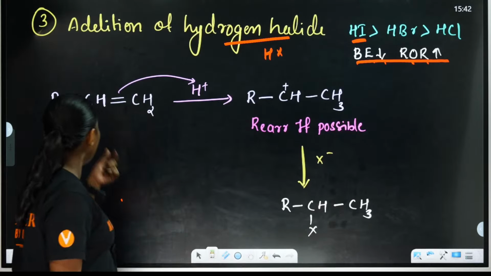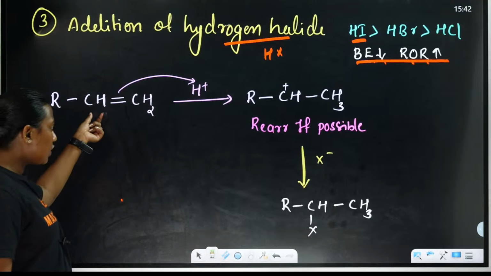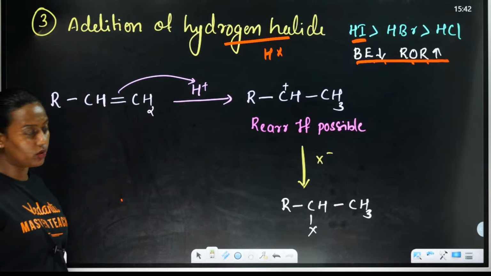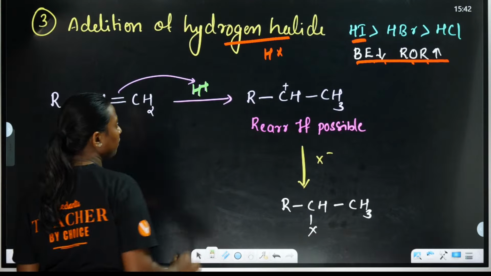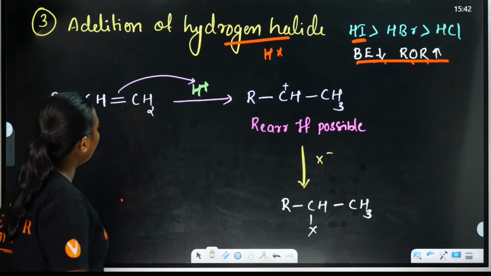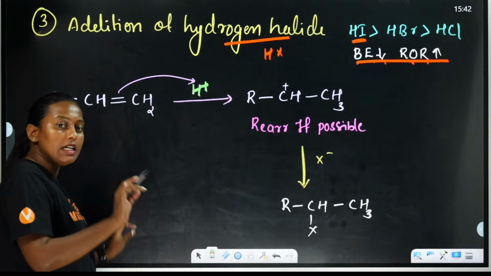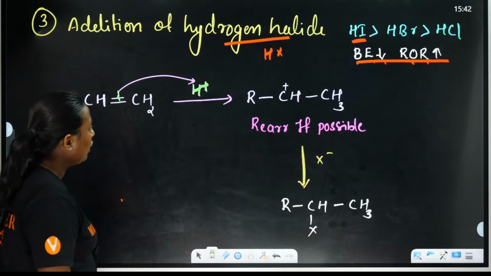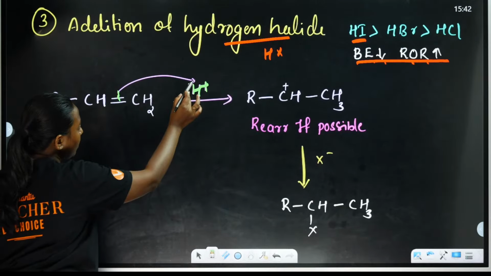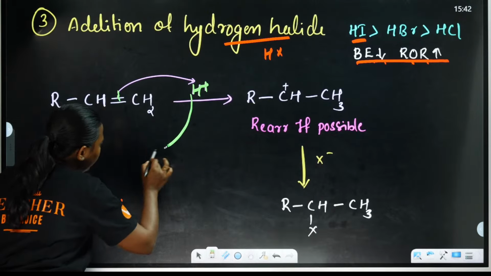So CH2 double bond CH2. What are we adding? We are adding H plus. So what will happen? Simple, this bond will break and hydrogen will come this side.